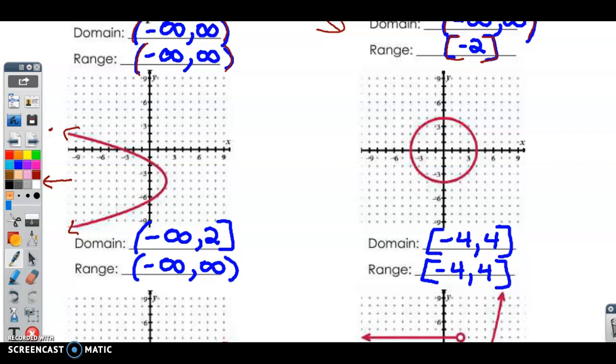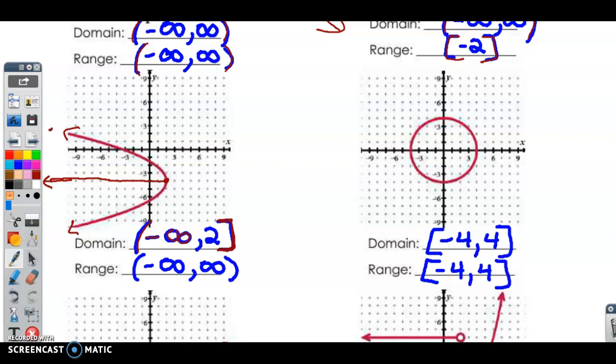So negative infinity is our lowest x value. But as we go to the right, the highest x value on our graph is 2, and 2 is on our graph. So the way we show people that it's included is we put a solid or hard bracket there.